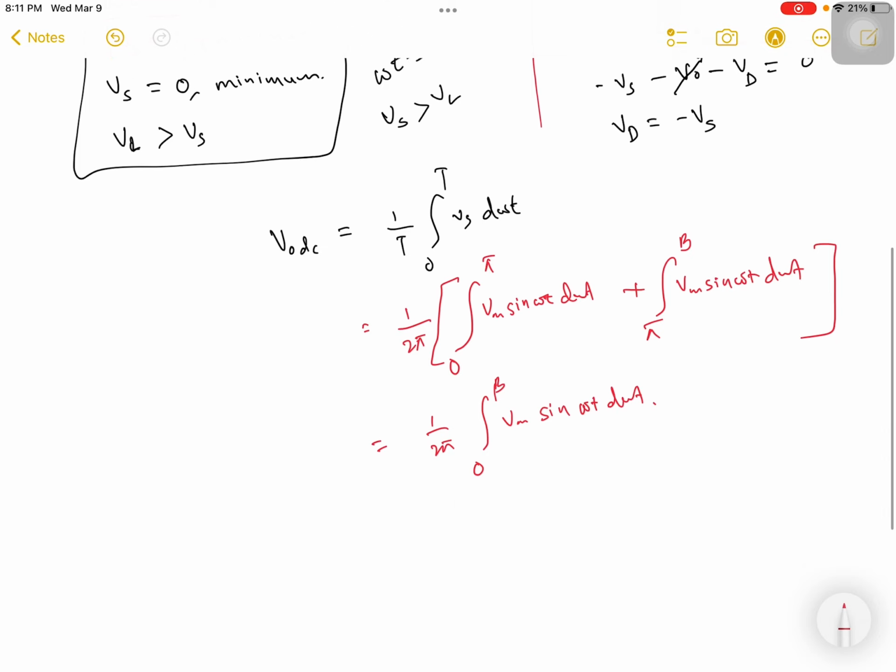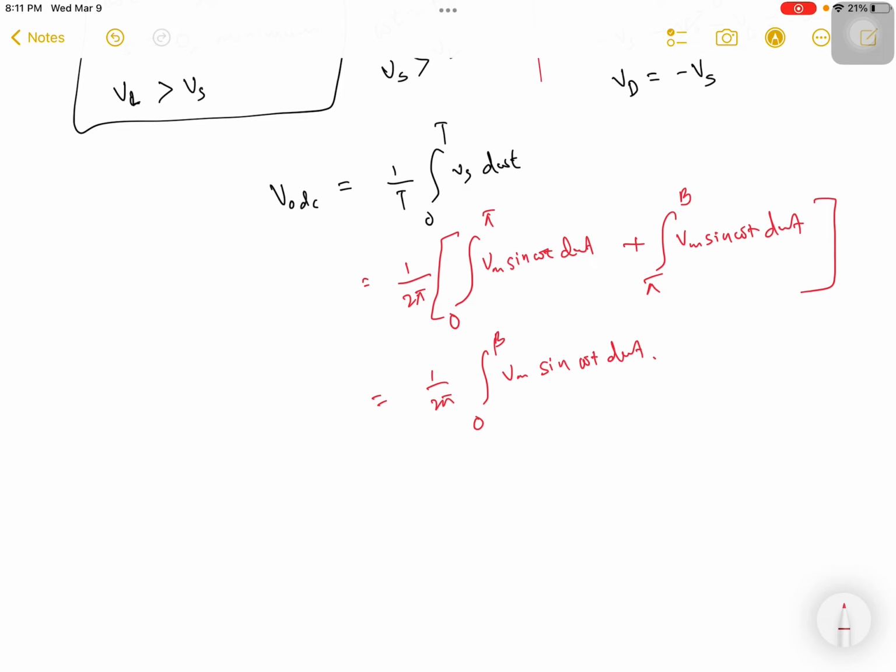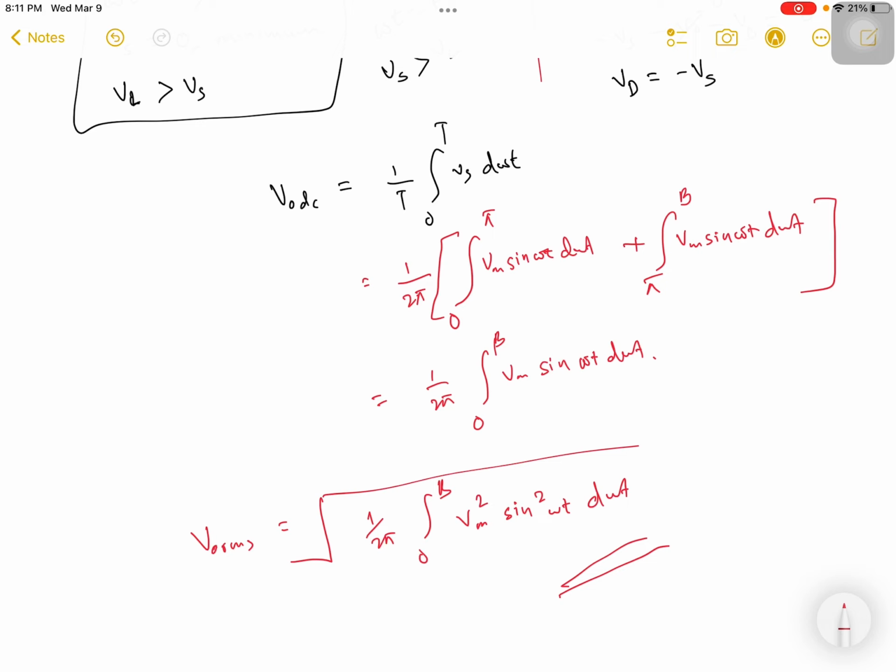Similarly, we can also calculate the output VRMS, the root mean square voltage, which will be equal to the square root of 1 by 2 pi, integral from 0 to beta, of Vm square sin square omega t d omega t. So this will be the expression to calculate the output RMS voltage for the RL load.